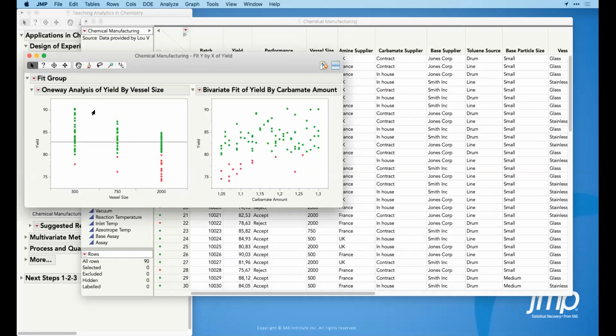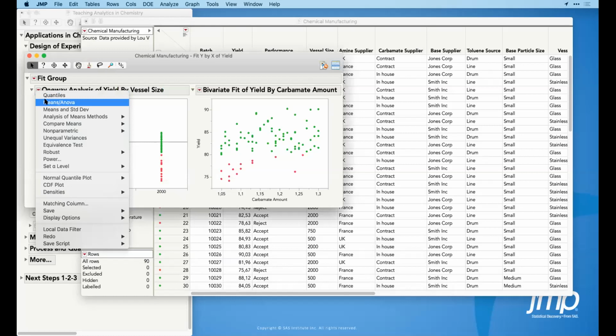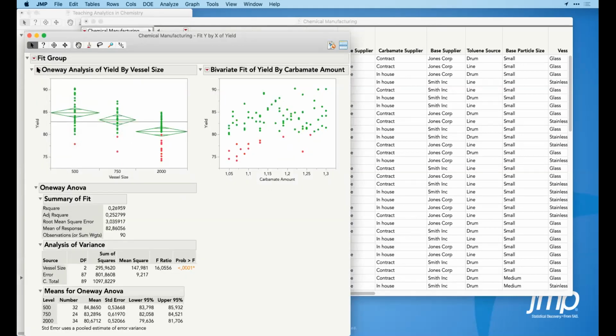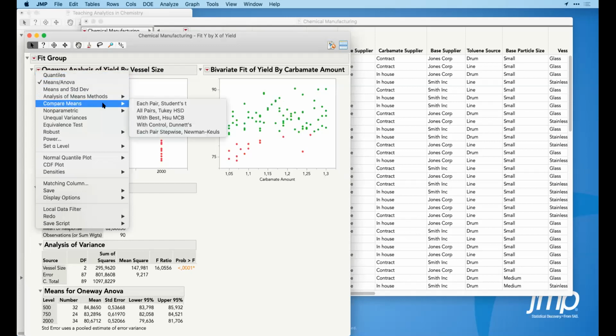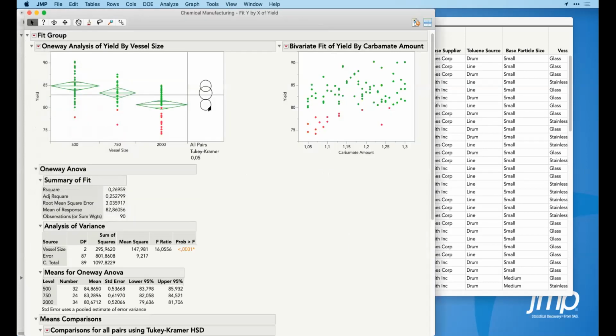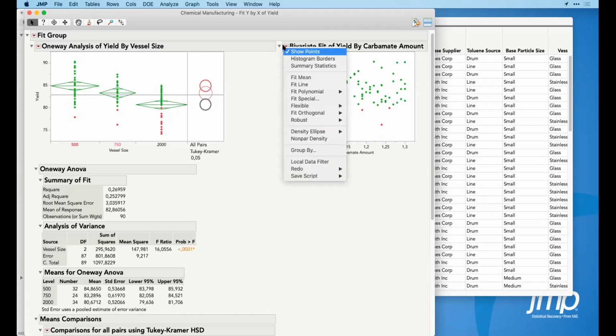And then we have the same platform, fit Y by X. But for the categorical case, you can look at means and ANOVA. The ANOVA tells us there's a difference, and then you can compare the groups to see where the differences are concerning the mean. And on the other side, we look at a continuous by continuous case.